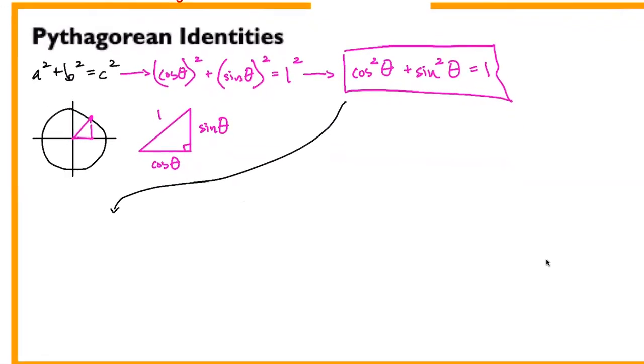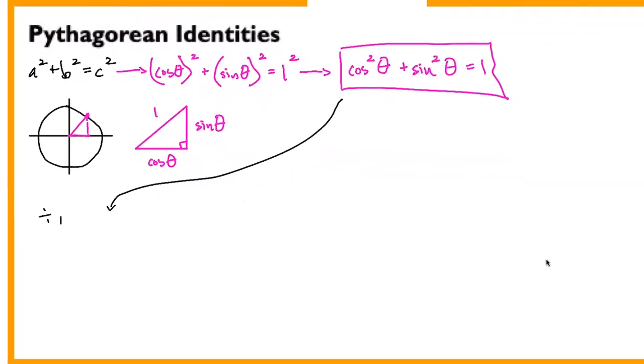I'm going to ask us to divide by cosine squared theta. Meaning, I want us to take the entire equation and divide by cosine squared, okay? So let's see what happens.